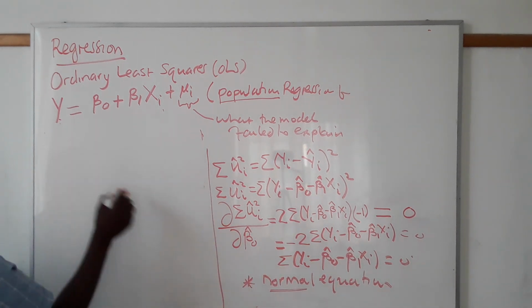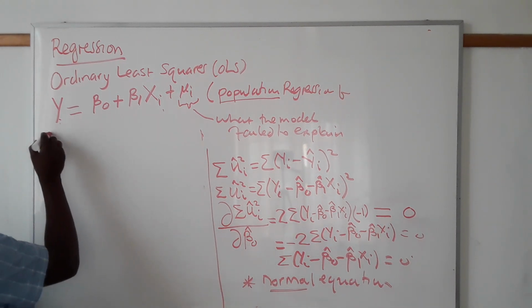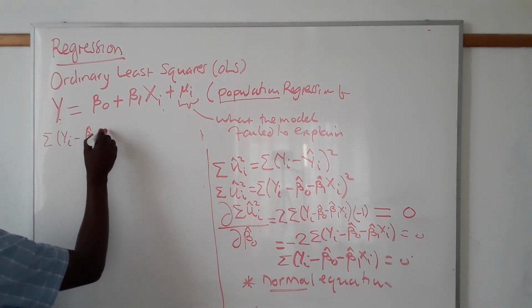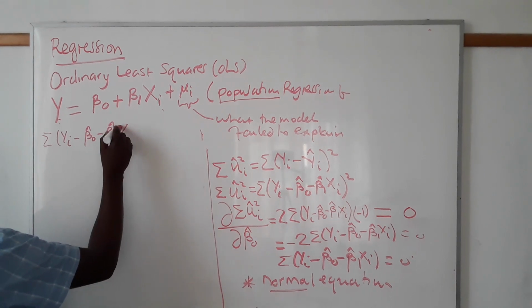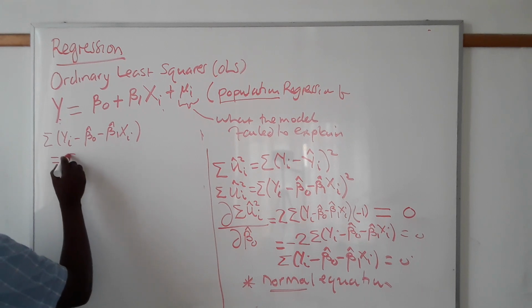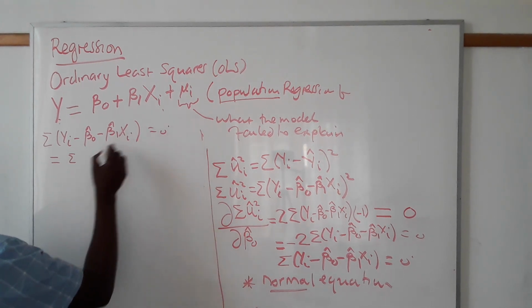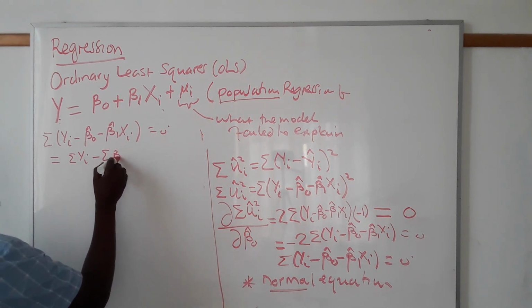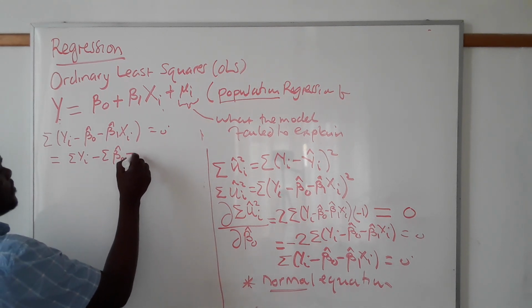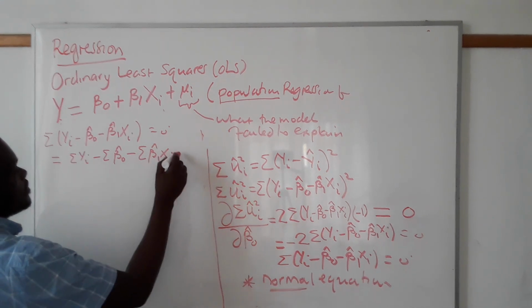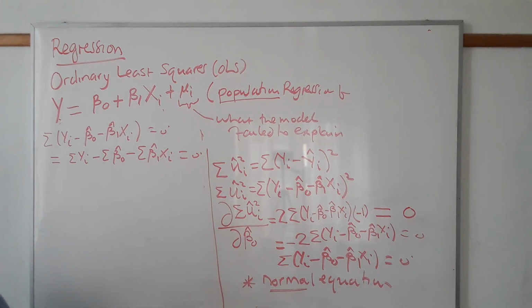So that expression, the sum of yi minus beta hat naught minus beta hat 1 xi, can be rewritten as the sum of yi minus the sum of beta hat naught minus the sum of beta hat 1 xi, and all this you set to 0.